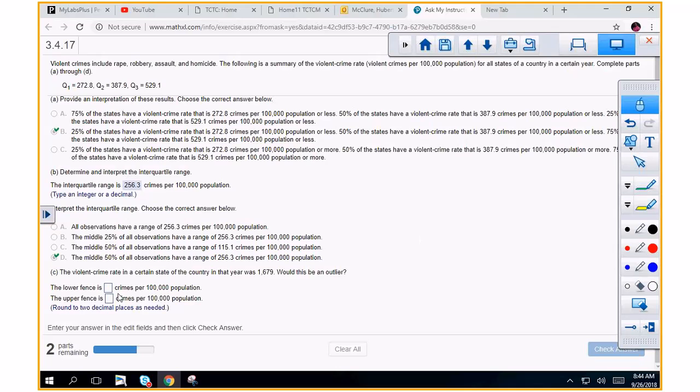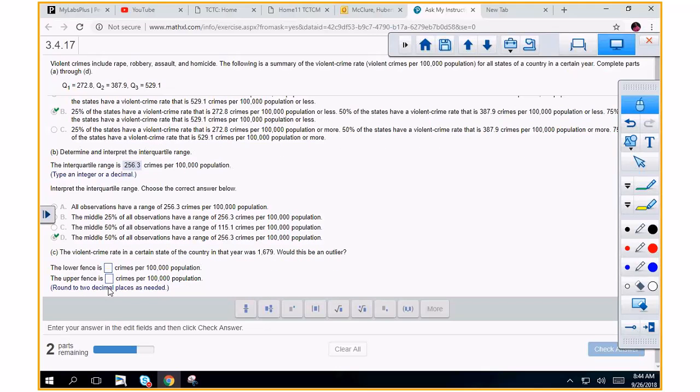And there we go. Somebody calculate the upper and the lower limit. Somebody give me the lower limit first. Round to 2 decimal places. And what's the upper limit?